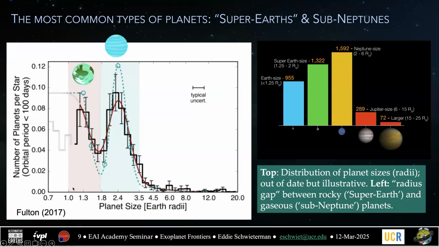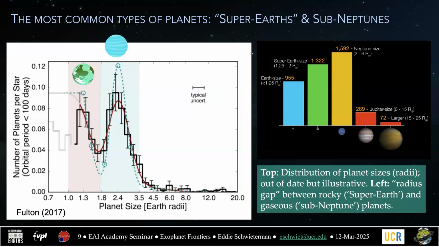And so what I'm showing here is a plot that shows, as a function of planet size, the number of planets we have that have an orbital period of less than 100 days. And we have two peaks. One peak represents planets that are larger than Earth, we think are primarily rocky in composition, that have no or little hydrogen envelopes, and more puffy planets that are smaller than Neptune, but larger than super Earths, that we think have substantial hydrogen atmospheres.